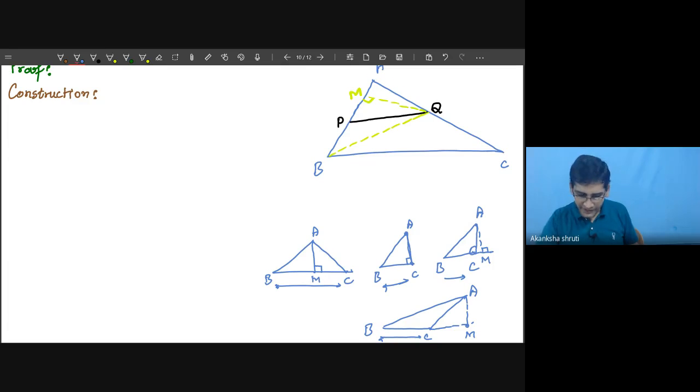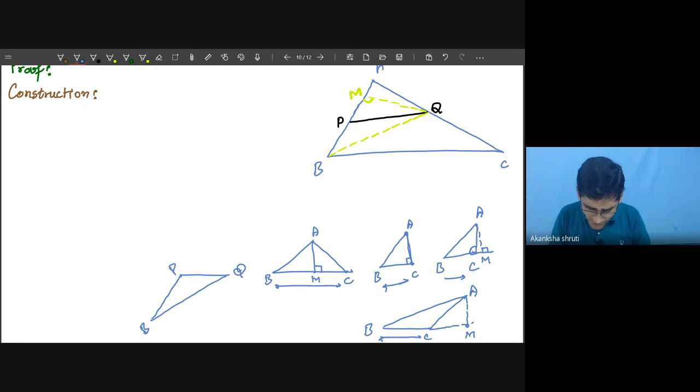Now compare with the given figure, the figure that we have taken. Our BP is like this. Understand this. B and P is like this. This is our Q. This is our BQ. Okay, the yellow in the triangle, whatever we have drawn.